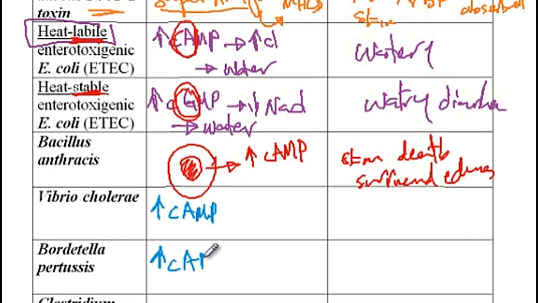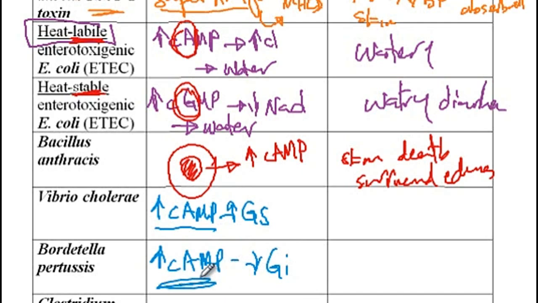But the difference is that Vibrio cholera activates a stimulating G protein, as a consequence of which it will overactivate adenylate cyclase, and then therefore there would be increased cyclic AMP, while Bordetella pertussis inhibits an inhibitory G protein, as a consequence of which there would be overactivation of adenylate cyclase, and then again there would be increased cyclic AMP.